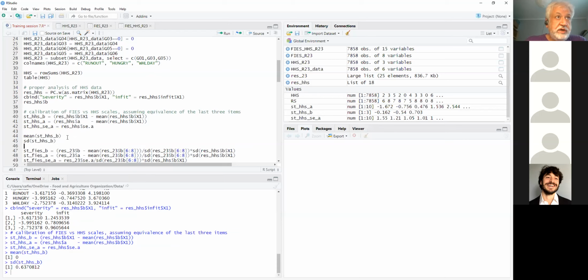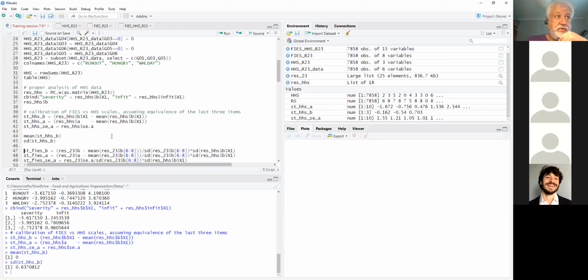So what I am doing now, I am defining a reference scale that will be used for comparison, which is calibrated around the mean of the household hunger score partial credit model severity parameter, and preserves their standard deviation.